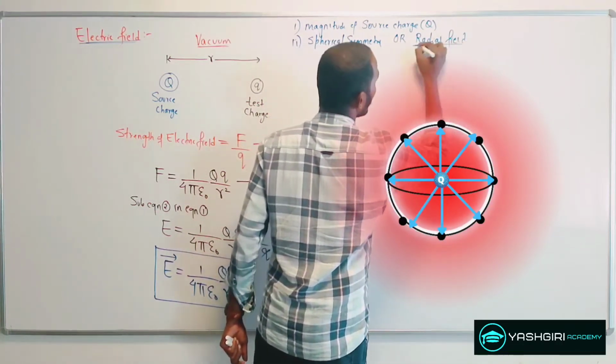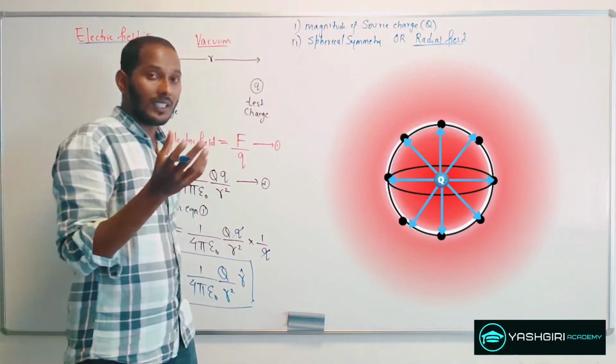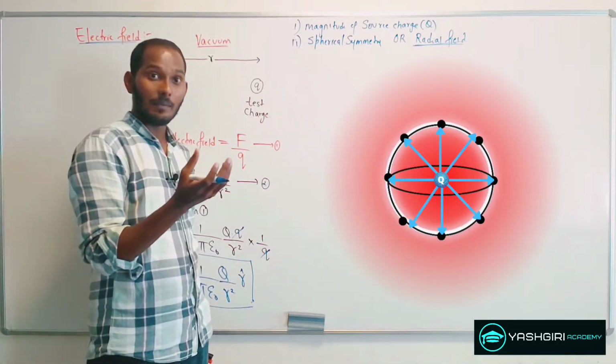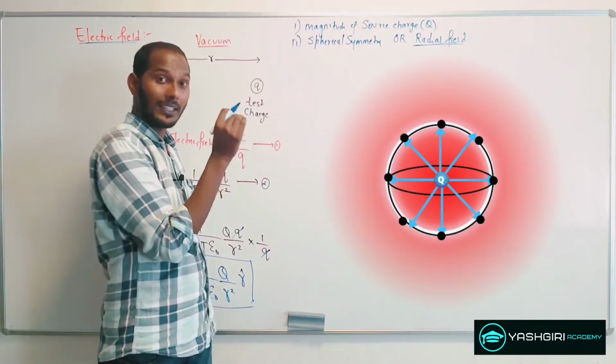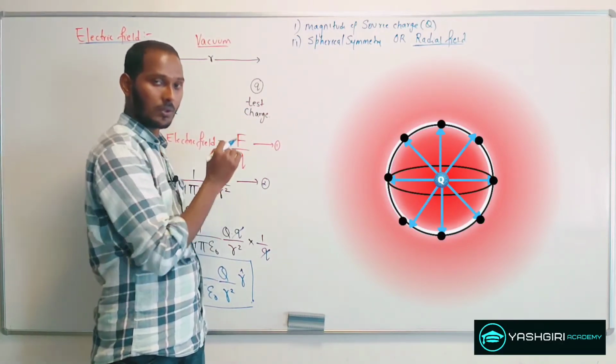Radial field means the magnitude of the electric field will be the same in all directions if we try to measure at equal distances from the source charge.